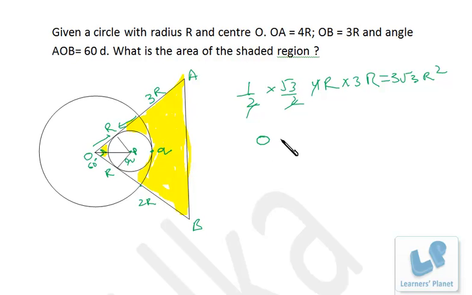Shall I write this? OQ is equal to OP plus PQ. Now OQ is R, OP we have to calculate, and PQ is small r. So OP is R minus r. Okay, so we got this length, and this is small r that we have assumed.